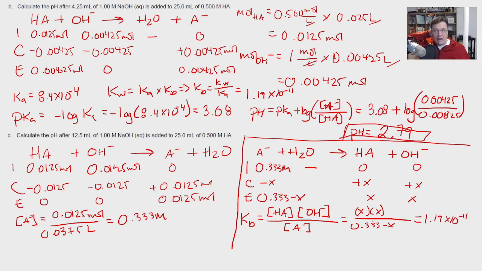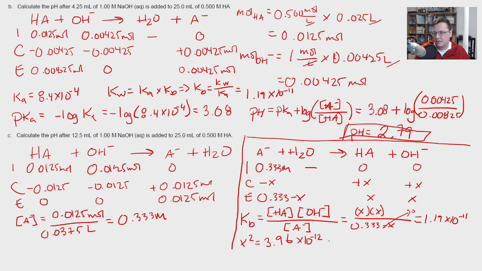And so we can go ahead and just do our 5% approximation at first. We simply consider that X in the denominator doesn't matter. And so what we then get is x squared is equal to 1.19 times 10 to the negative 11 times 0.333. And so what we get is 3.96 times 10 to the negative 12.